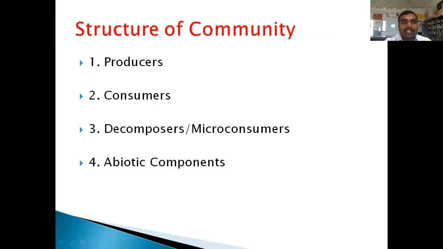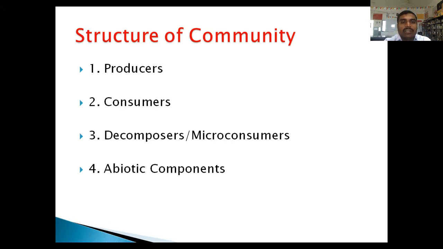Then next, we will study the structure of community. Here, the community is mainly formed of two types of organisms, that is heterotrophic organisms and autotrophic organisms, that we had already seen in biotic community and abiotic components of environment. Now, here the community in one area depends on the available components.